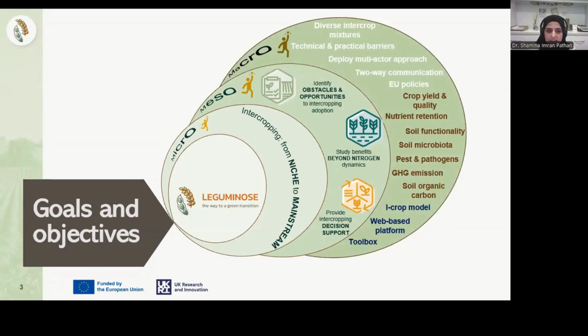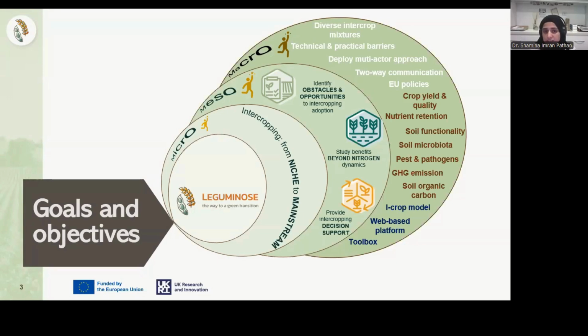So again, if I break down this meso objective, there are more macro objectives, like selecting different diverse intercrop mixtures, evaluating the technical and practical barriers, and creating a multi-actor approach with two-way communication between the stakeholders, especially the farmers and the researchers.